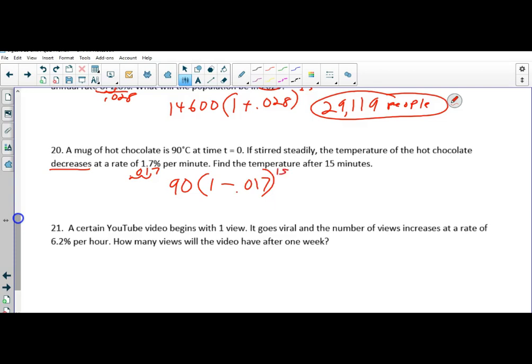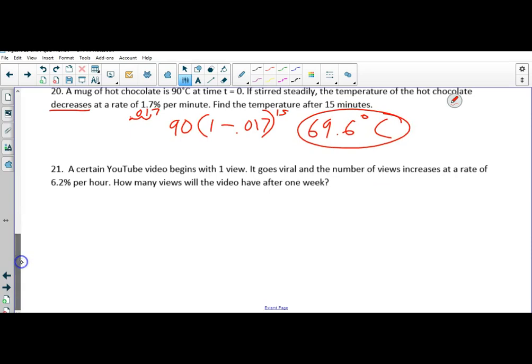After 15 minutes, what's the temperature? So we do 1 minus 0.017 raised to the power of 15 times 90. 69.6 degrees Celsius. It's 0.58, so we just rounded it.